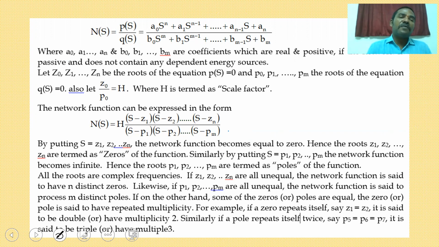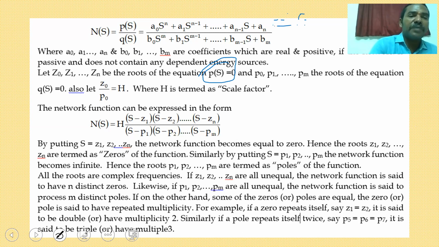Okay, so for finding the roots of your numerator, we have to substitute it to 0. So you can get the value of P of s. By substituting P of s equal to 0, the roots, let us assume z1 and so on to zn. And for Q of s equal to 0, p0, p1 and so on to pm are the roots of the equation.